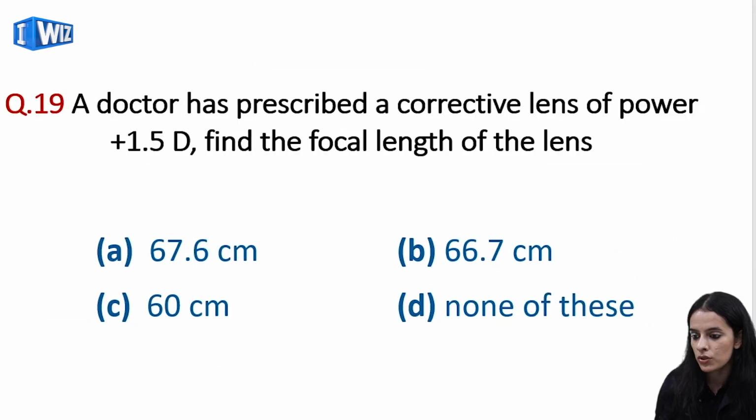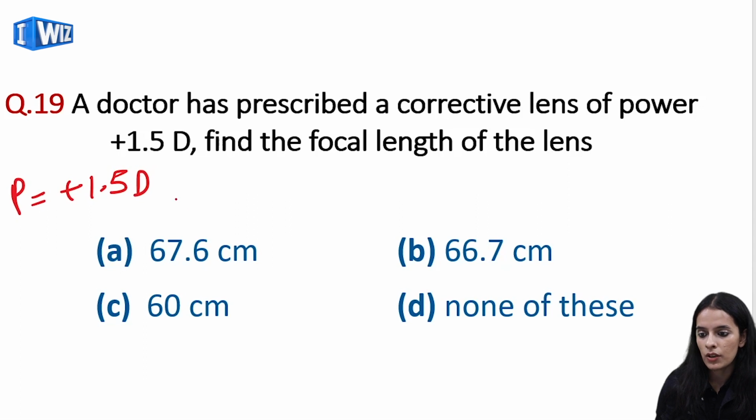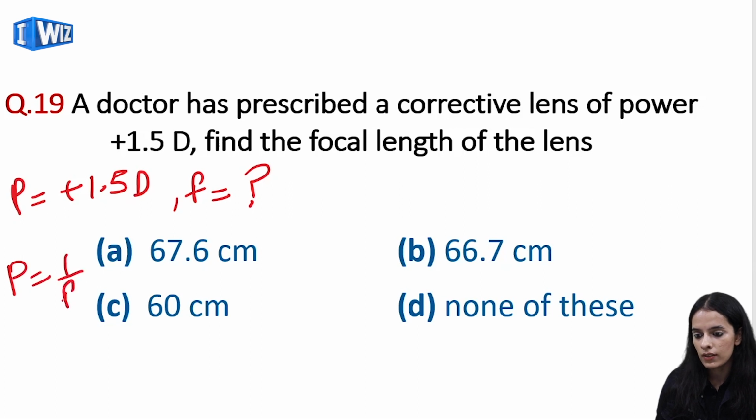Now come to the next question. A doctor has prescribed a corrective lens of power plus 1.5 diopter. Find the focal length of the lens. So what is given over here? Power is 1.5 diopter and you have to find the focal length. We know that power is the reciprocal of focal length, right?